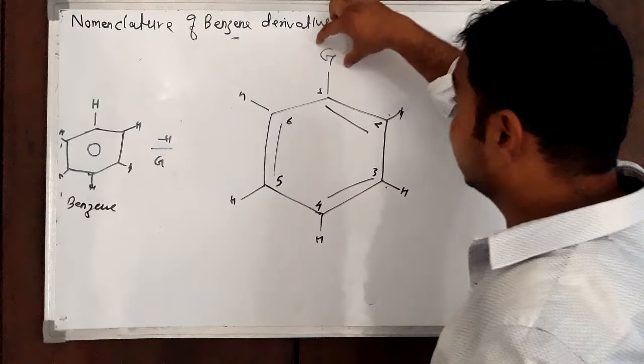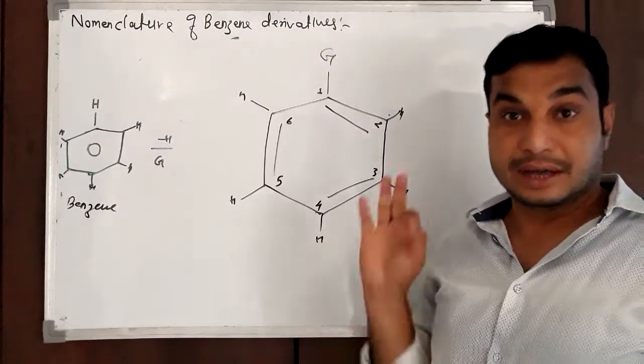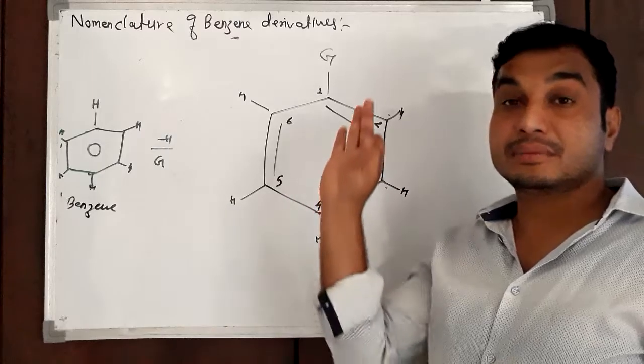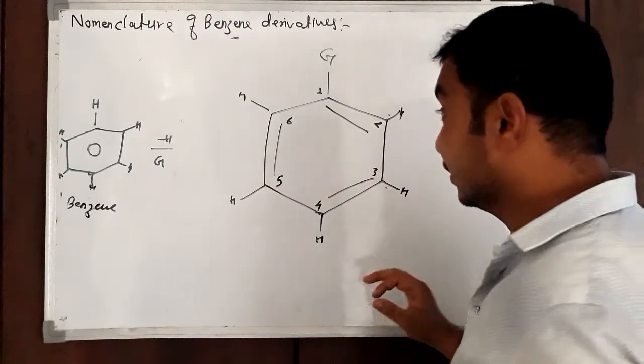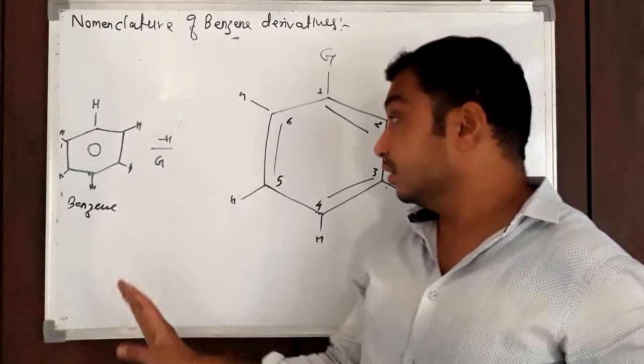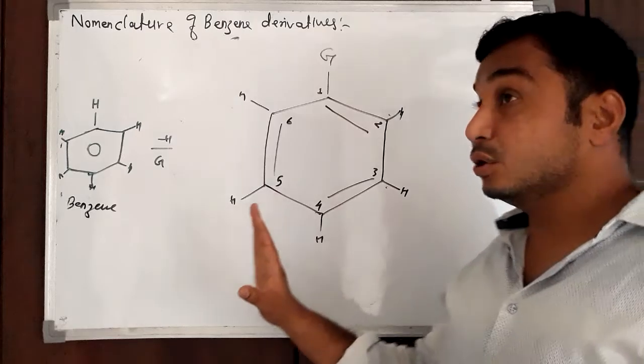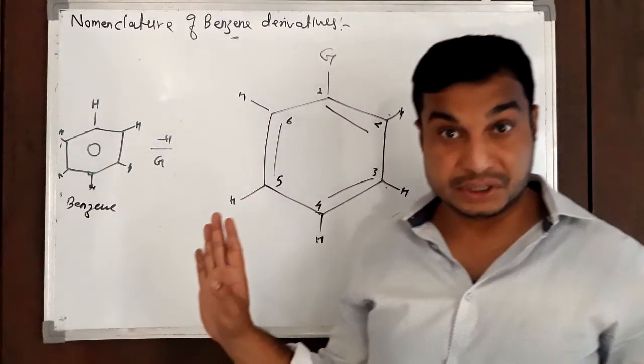Now with respect to G, carbon number 2 and carbon number 6 are identical. In plain benzene, all carbon atoms are identical. But in monosubstituted benzene, these 5 hydrogen atoms are no more identical with each other.